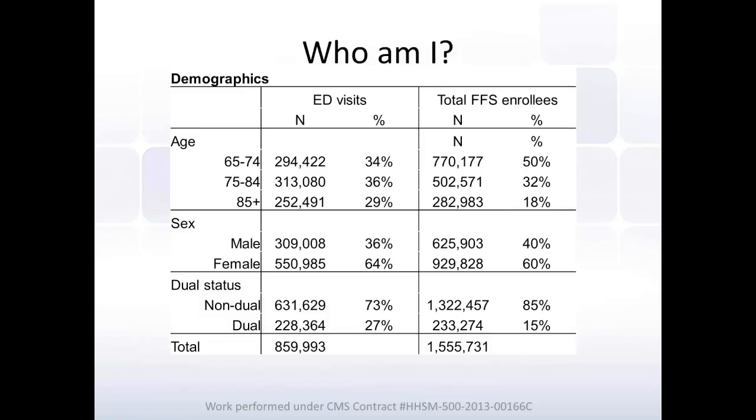Those who are older, male, and who have dual status with Medicaid are overrepresented in their proportions of visits to the emergency department. For example, duals make up 15% of fee-for-service enrollees, but account for 27% of visits. You can get similar breakdowns by rural, urban, and of course by race, ethnicity, or look at disabled or end-stage renal disease eligible beneficiaries, that is those under 65, and several other variables.